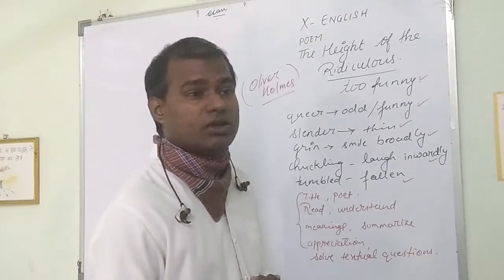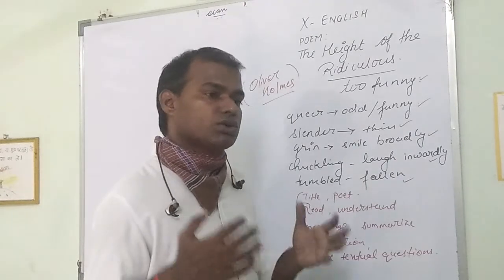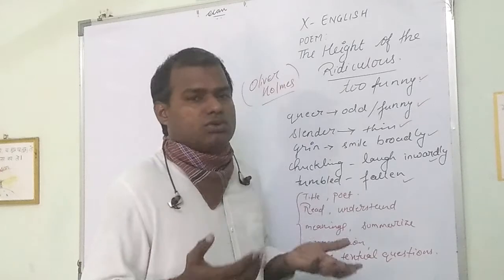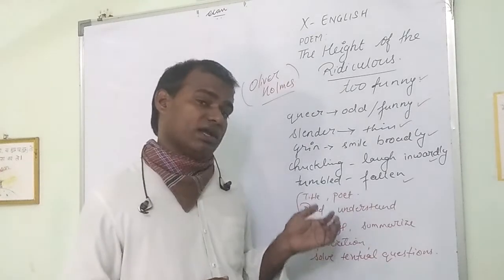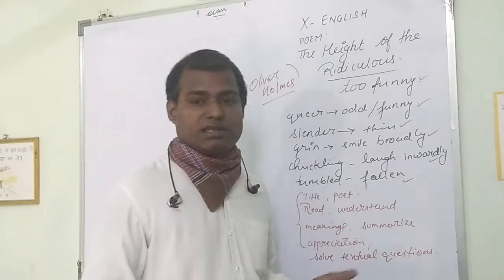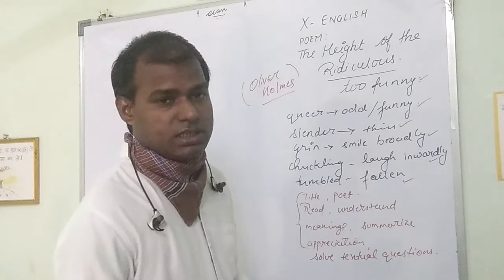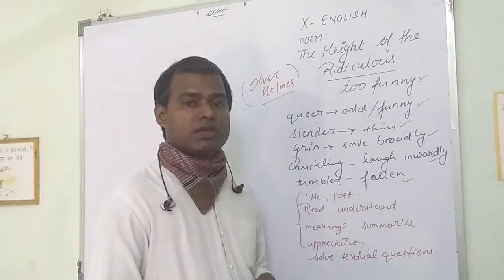You need not remember or learn anything by heart. Because we have already understood things, you can use your own words and present it in your own way in the exam. That's it. So that was the poem which I have explained to you.